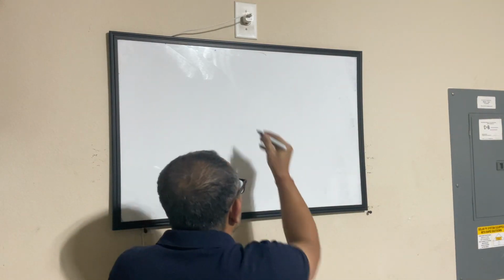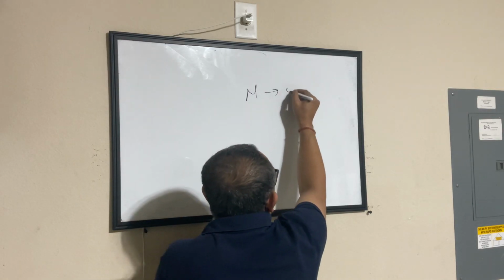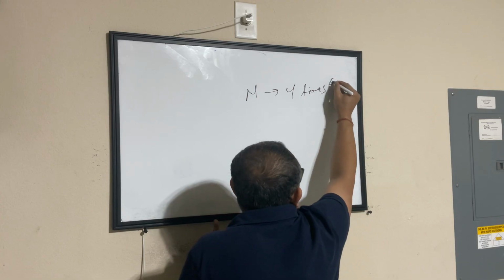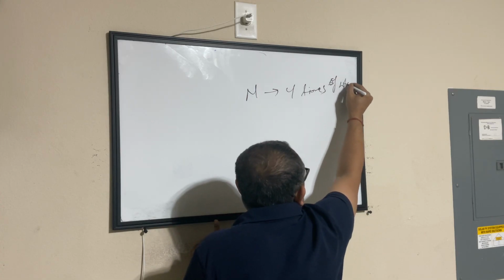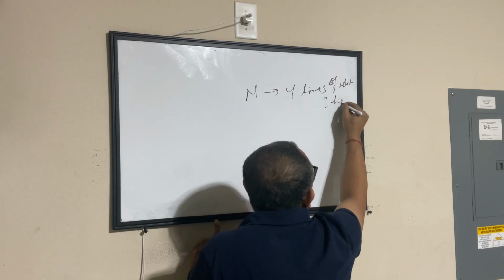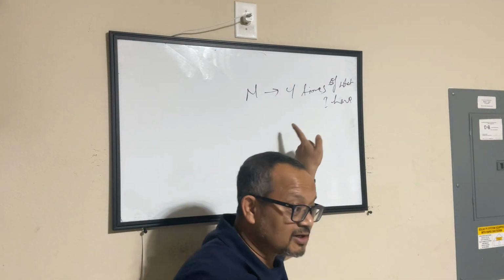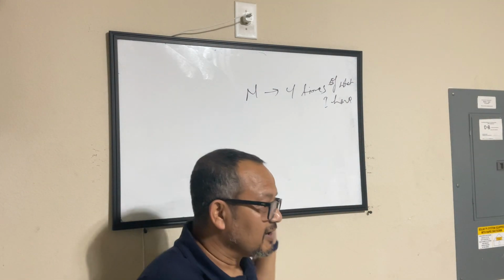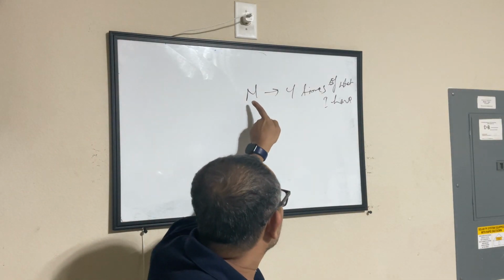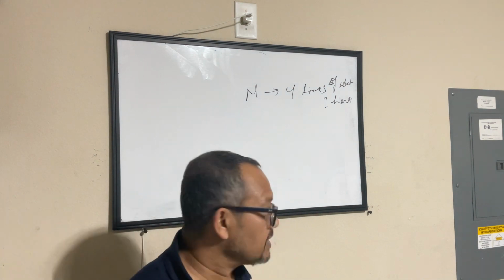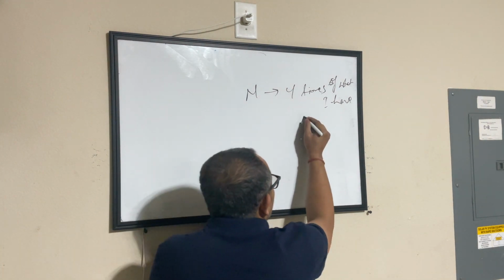You said 5, let it be 4 now. I've written it, so you have proof recorded on the video. My neighbor has 4 times of what I have in cash.